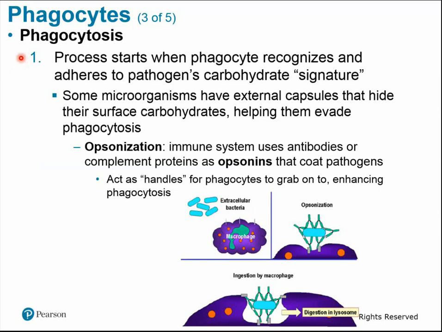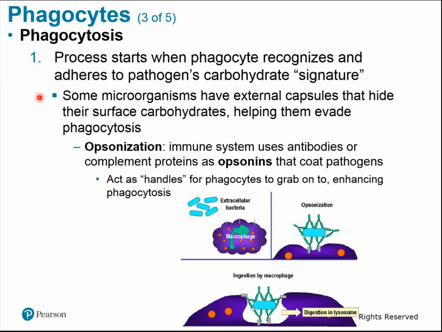Later on we'll talk about how our immune system distinguishes self from non-self. So how does our immune system know what's my cells versus what's a bacterial cell? There are certain characteristics on the surface of a cell to let these phagocytes know that it's not a self cell. So it's not my cell, it's some foreign cell that we have to deal with.